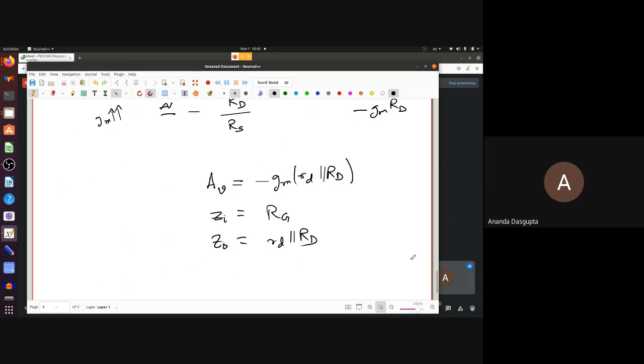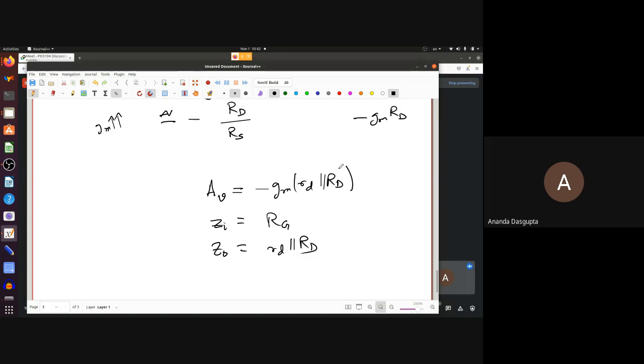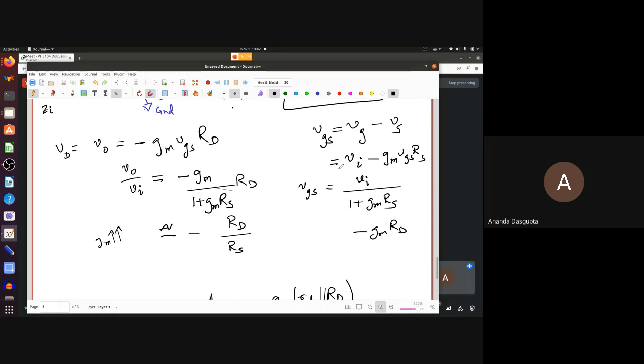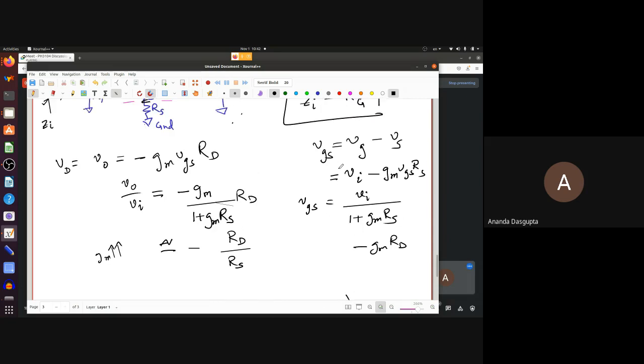By the way, the answer we had was minus GM small rd parallel with capital RD. But within the approximation that small rd is very huge, this is what you would get, minus GMRD. That's when RS is 0. That is, the entire source resistance has been bypassed.